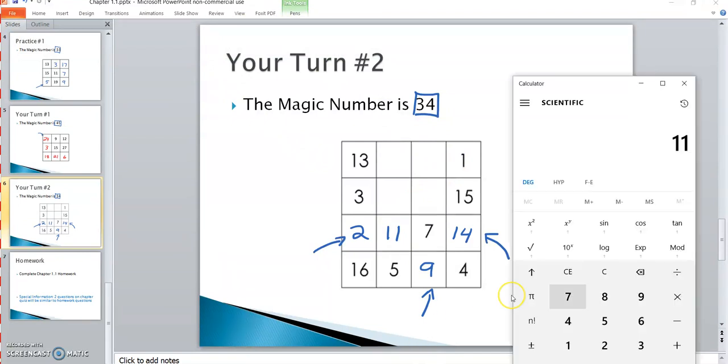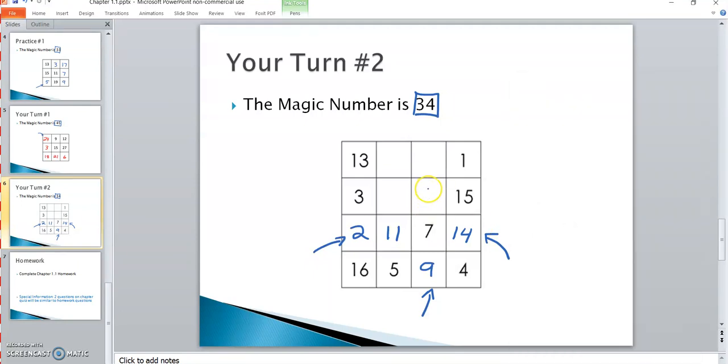So I'll take out my calculator. 34 minus 16 minus 11 and minus 1 is 6. Now I can figure out the rest.